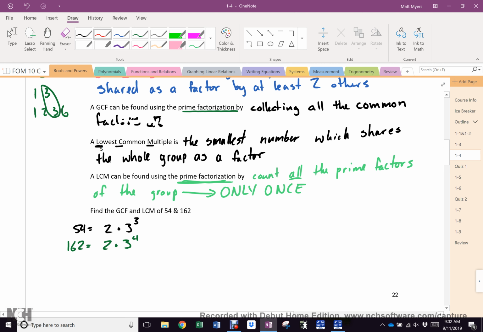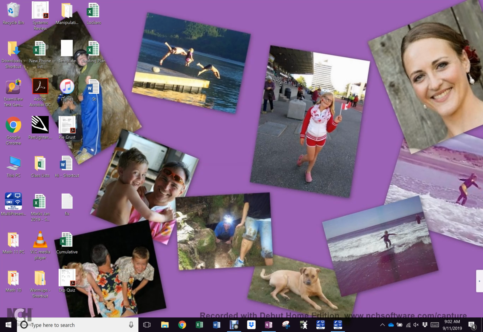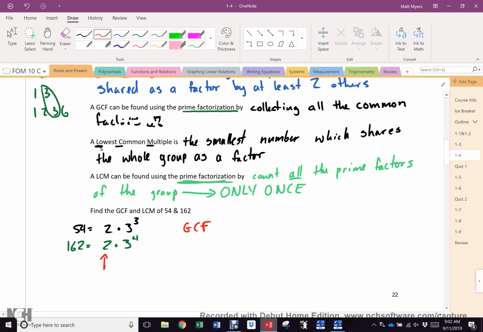So, to do a GCF, I say you got to count all the common factors. Is there a 2 in both numbers? Yes. So is 2 common to both numbers? I know, I did it on purpose. I wanted to get my little pink light back. Is 2 common to both numbers? Yes. So I write the 2.